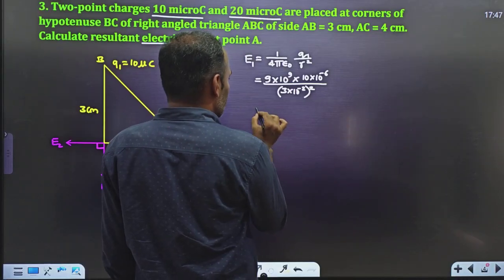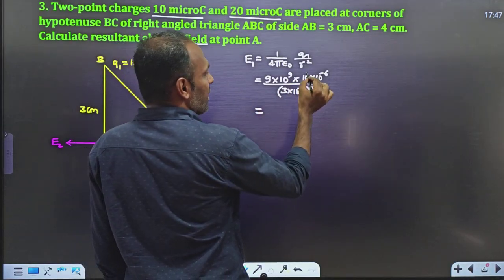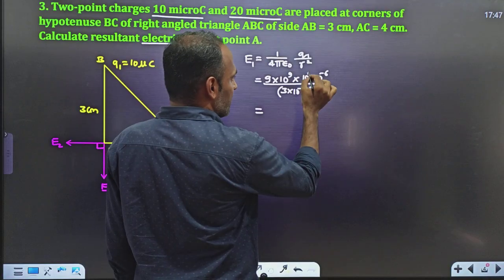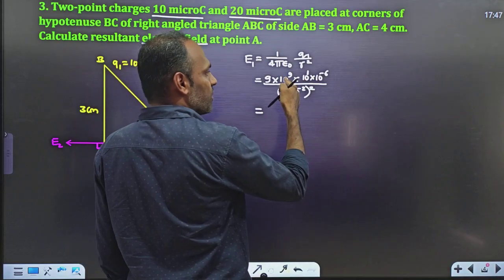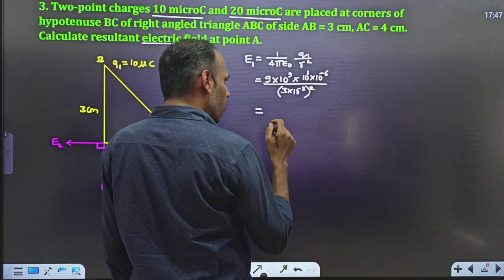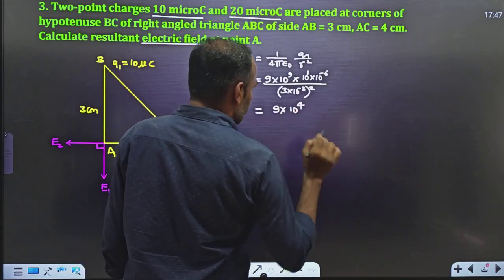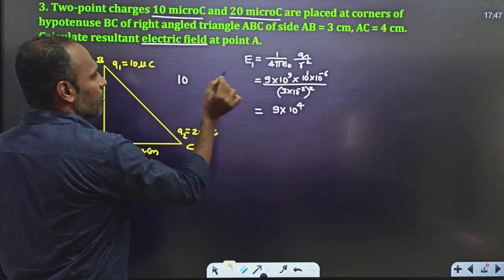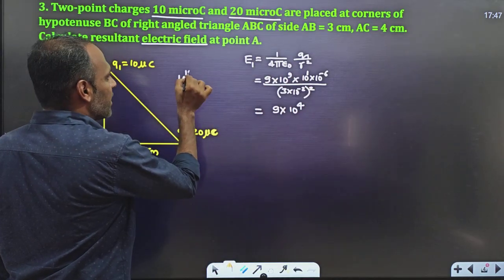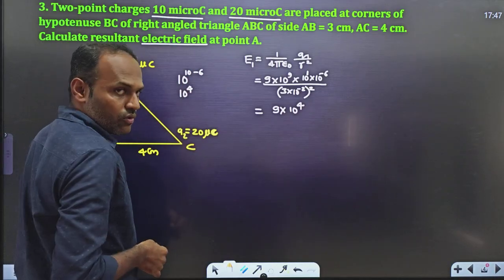Let us simplify this now. See, 9. See, we are having 10 to the power plus 1 here. This is 10 to the power plus 1. This is 10 to the power plus 9. So 9 plus 1 is 10, 10 minus 6 is 4. So it will be 9 into 10 to the power plus 4. Right? It will be 10 to the power plus 4. Okay?